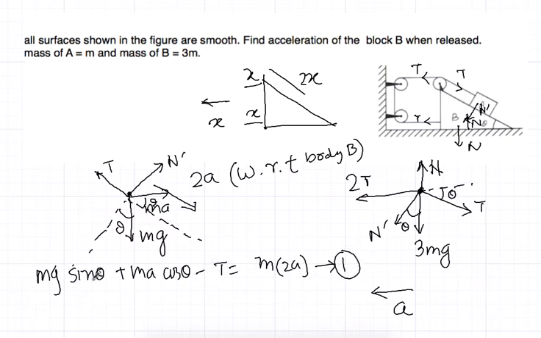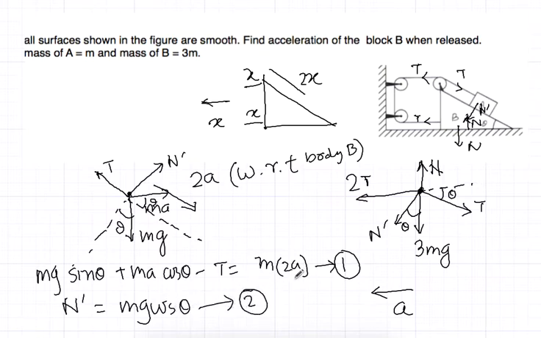Okay, and not only that, the body is not moving in this direction, right? So what can we write? We can write N dash equal to mg cos theta.